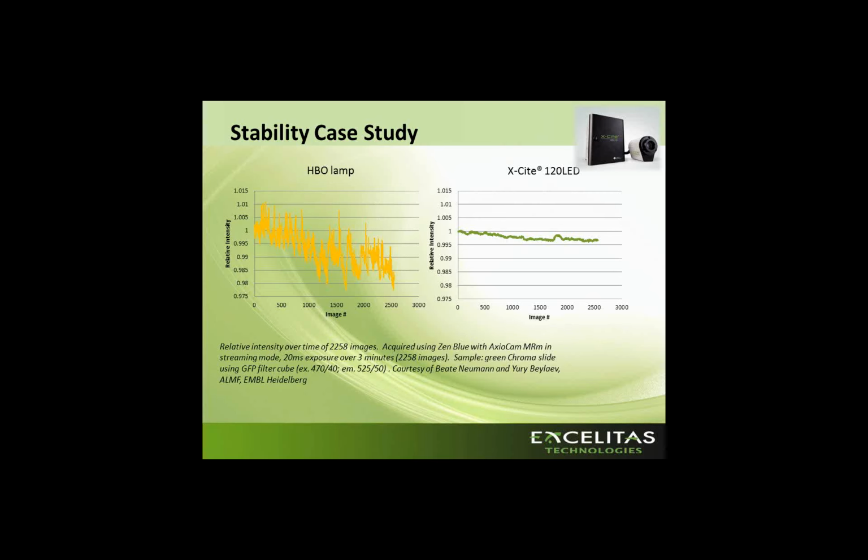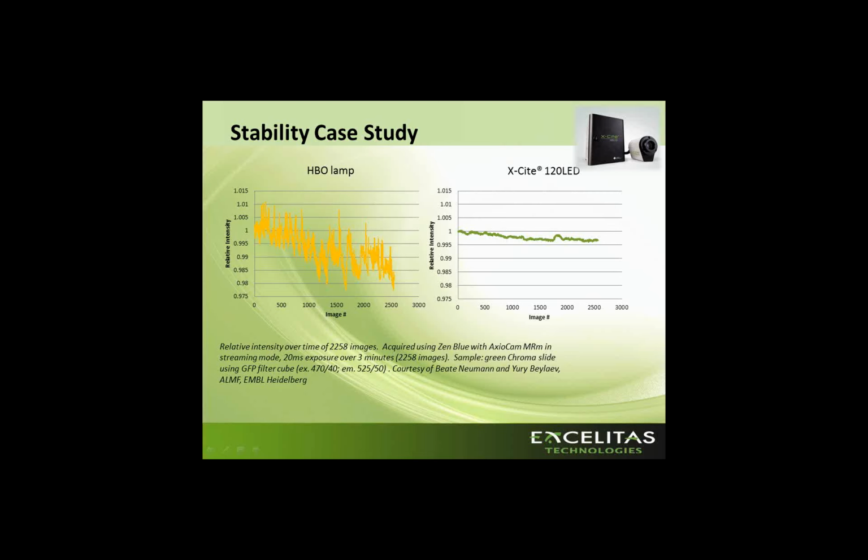That gives you, as it says down here, 2,258 images. And you can see the intensity difference here. In this case, with the HBO lamp, it is about 2%, and this is only over 3 minutes, whereas if you look at the 120 LED, which is an LED system, the intensity variation is 0.2%. So it's clear which one is more stable between these two.